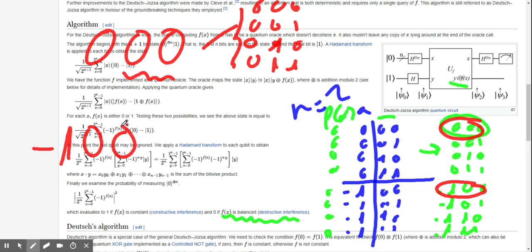What am I doing wrong? We apply the Hadamard only here.